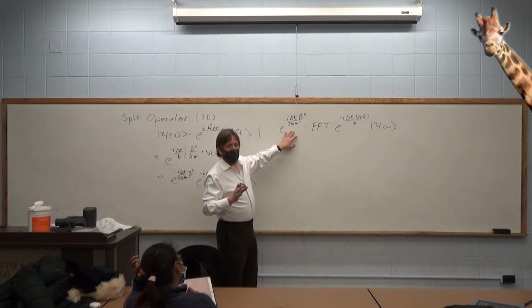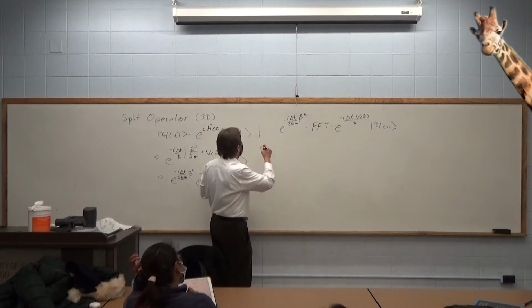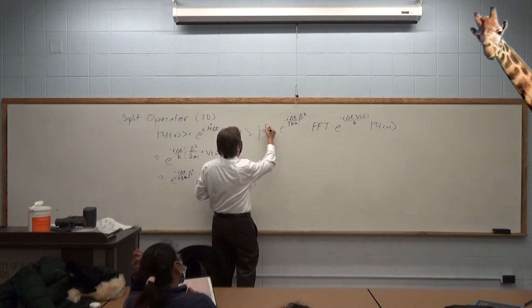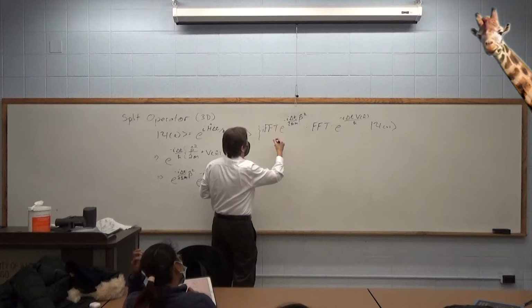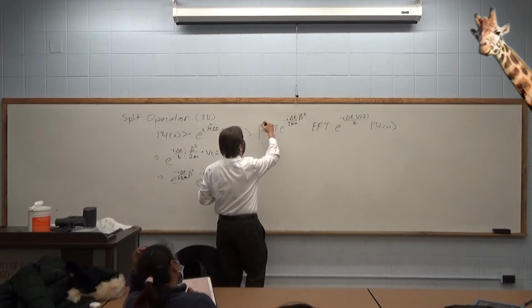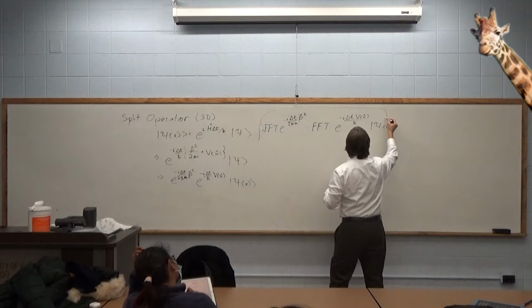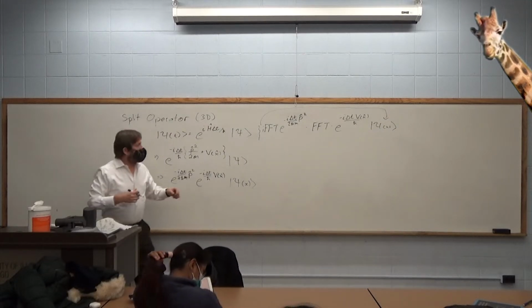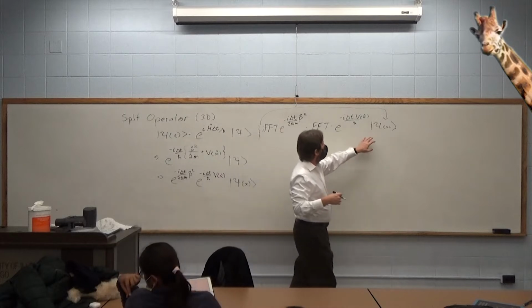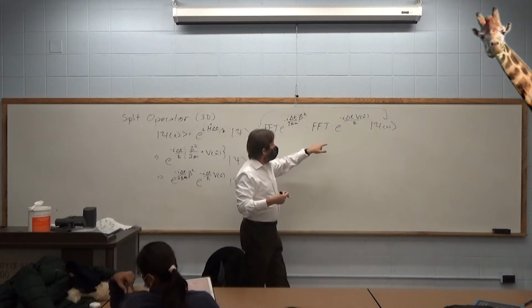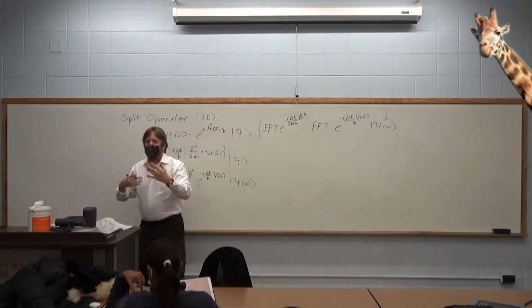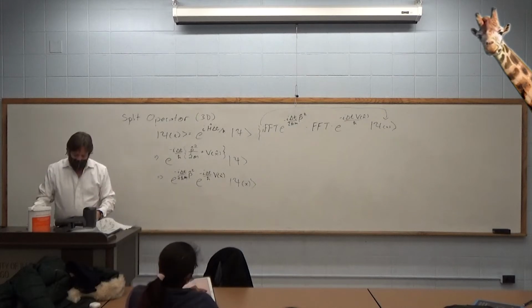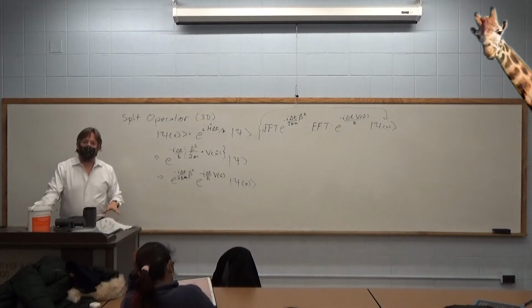I'll tell you how to do this in a minute, but anyway, that's the idea. And then you're going to inverse Fourier transform back, and now you've basically done a loop. And so you go back here, you go delta t, over and over and over again.